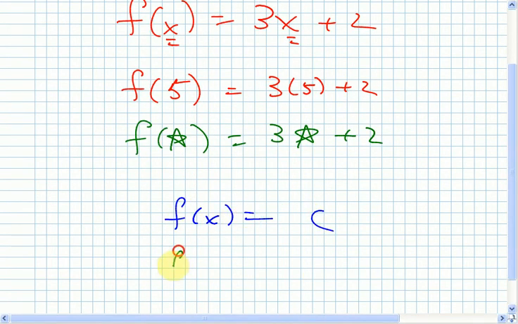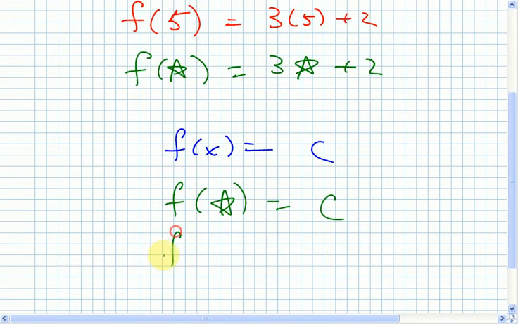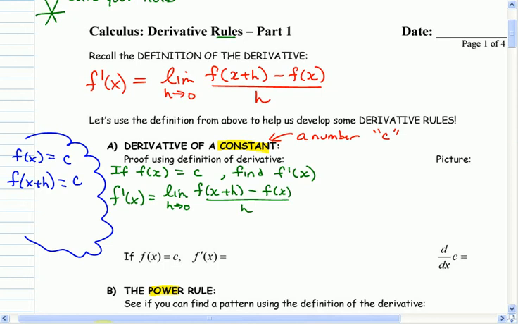So if I said, what's f of star? Well, there's no x, so it's still c. If I said, what's f of happy face? It's still c. Constant means it's always the same. No matter what value of x, the y value is the same. So this whole thing here is just equal to c.